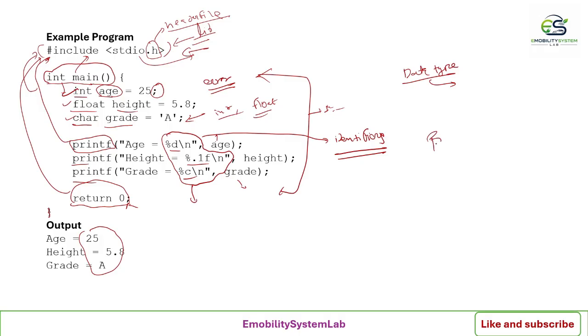So let's see what is the meaning of printf. When you are using this printf function, this is an inbuilt function written in the standard input output library. The purpose of this is to give you the result on the console screen.